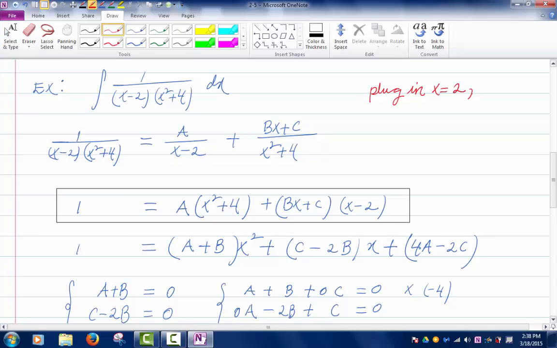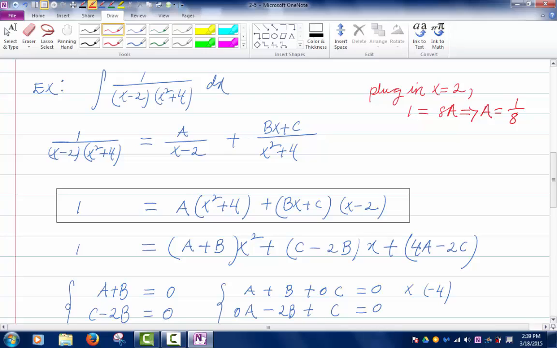So you get x equals 2 here, so that's going to be 4 plus 4, so it will be 8A. On the left-hand side, you get 1. On the right-hand side, you get 8A, right? When you plug in 2 for x, the second term will vanish. Everybody's okay? So then I right away get A to be 1/8. Is everybody okay with that?